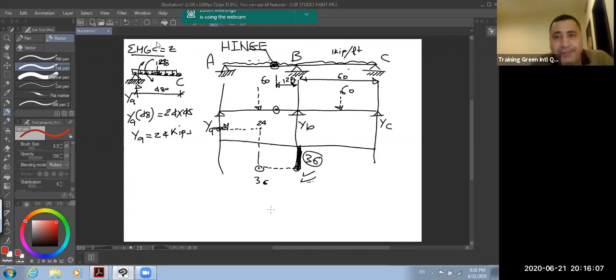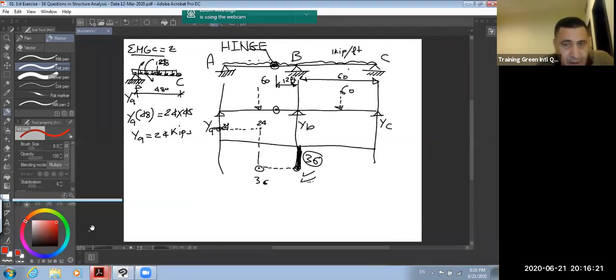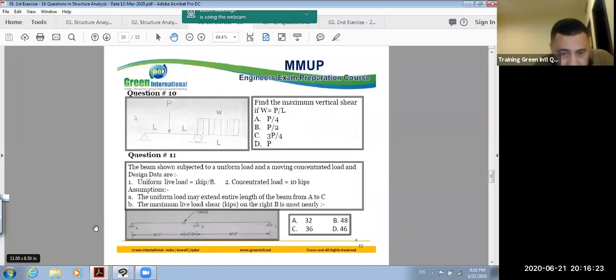Okay, guys, let me check. Is it C or the hinge? Let me check, because I just assumed A, B, C, D. The hinge is D, sorry.